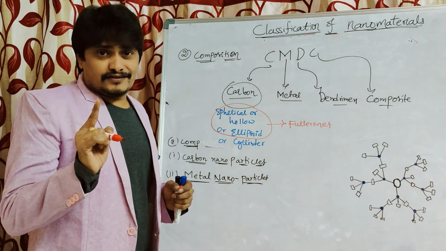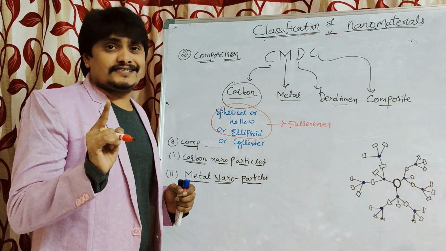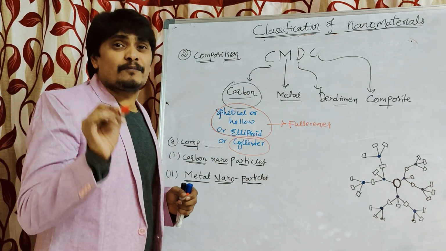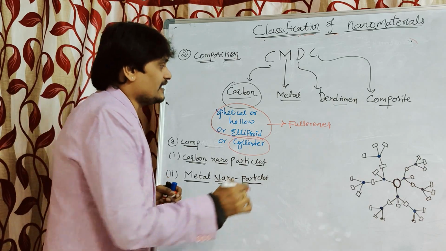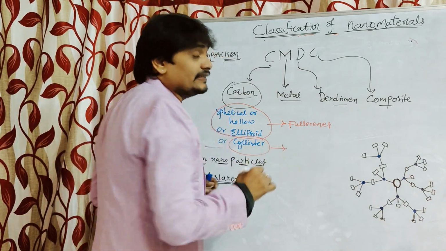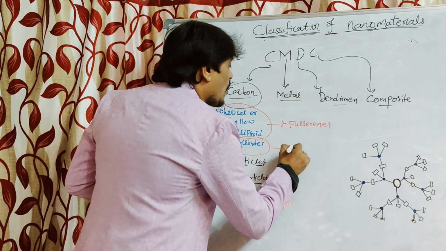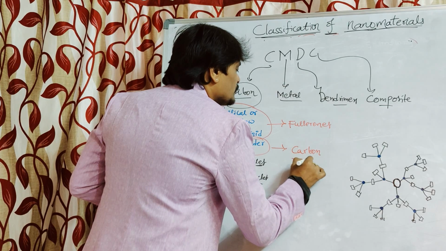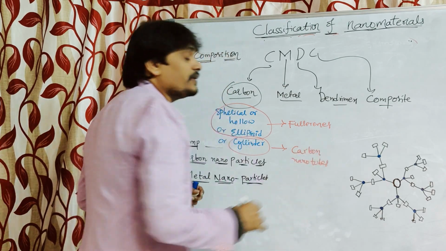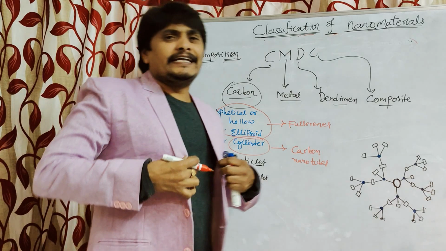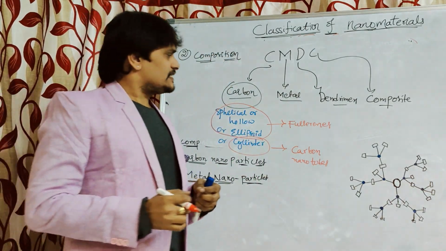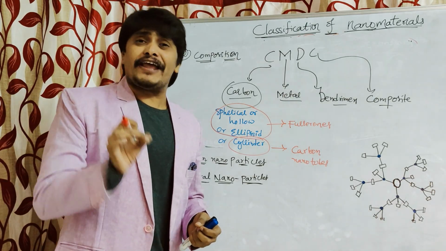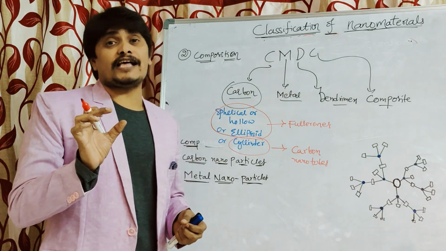If the shape of the carbon nanomaterials is cylindrical, then the carbon nanomaterials are carbon nanotubes. And these carbon nanomaterials, the fullerenes or carbon nanotubes, are lighter and very strong when compared to steel.